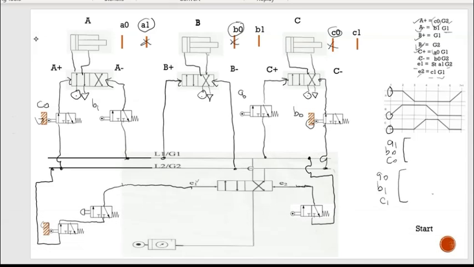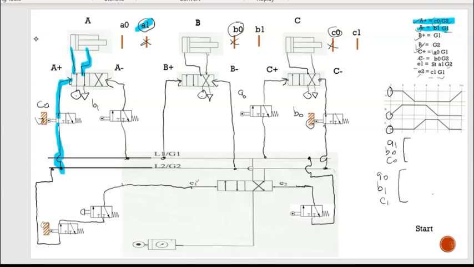Okay, we start with the A1. A plus. So A plus, the starting point of the actuator is at A1. So we're going to use the contact limit switch for C0 and going to G2. Okay, that's correct.